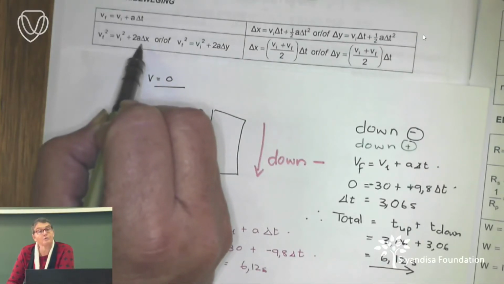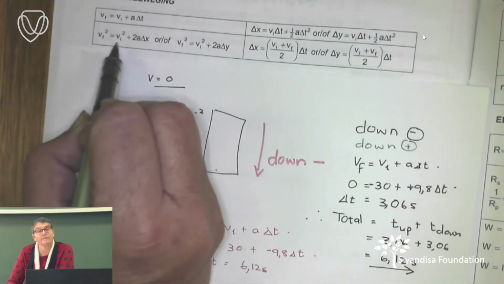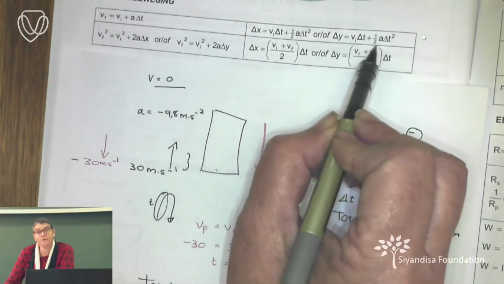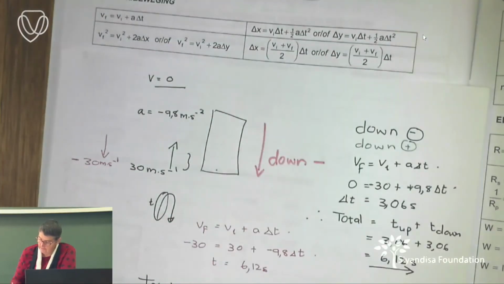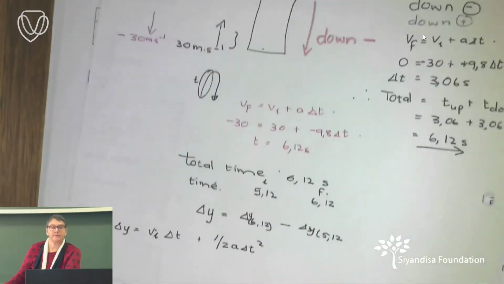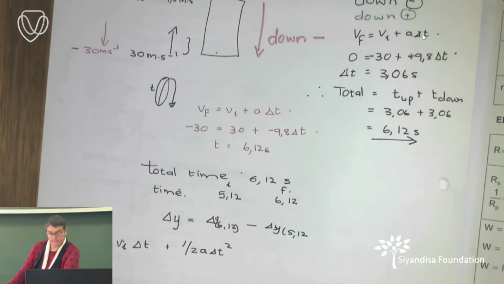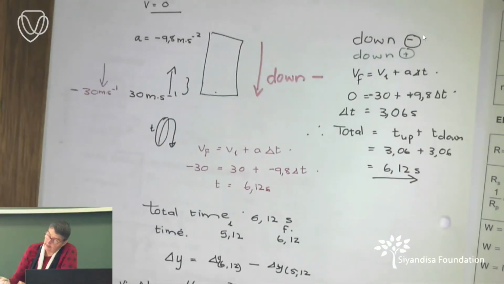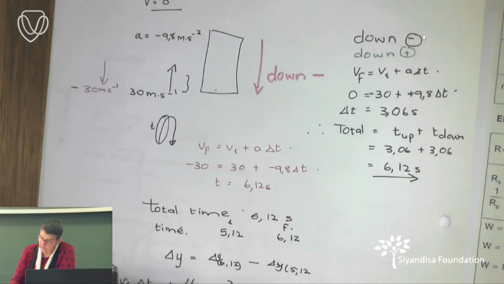No, I can't use this formula because I don't have all the velocities I need and I've been given time. So I will have to use that formula. So I'm going to write down delta y is equal to vi delta t plus half a delta t squared. Okay, so I write down my formula like that. Once again, I need to indicate, I'm going to, in this case, use down as negative once again.